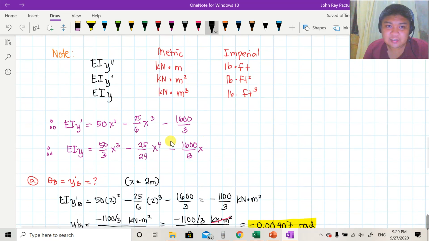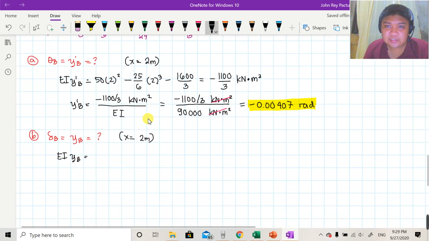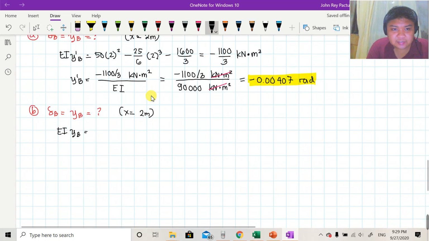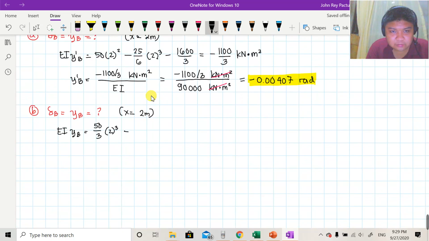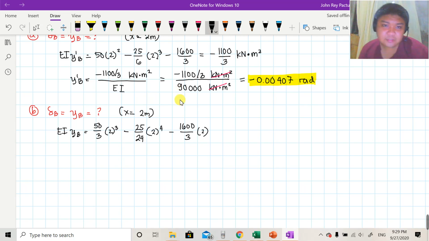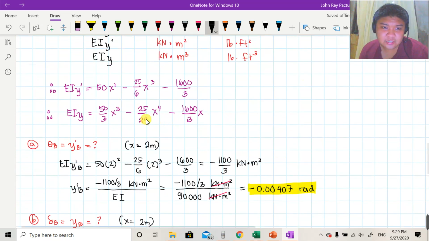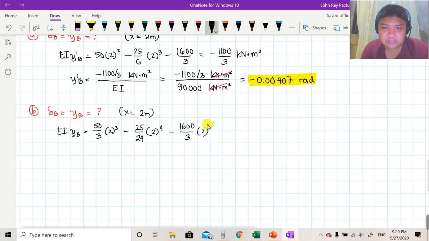So, literal lang class na substitute, 50 over 3, x cube. However, yung x nga natin is 2. So, 50 over 3, 2 cube, minus 25 over 24 ng 2 to the 4th minus 1,600 over 3 ng 2. Kasi 'di ba, kung titingnan niyo yung original, ito siya, kailangan mong i-substitute yung value ng x, okay?